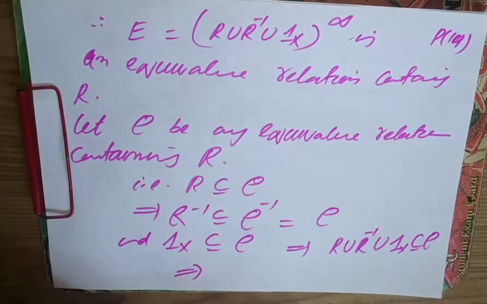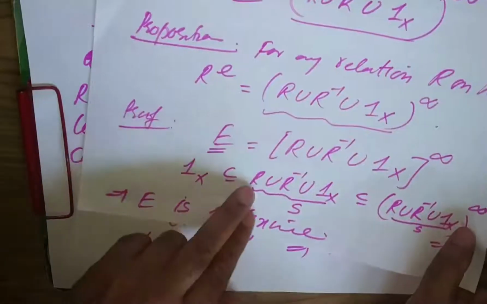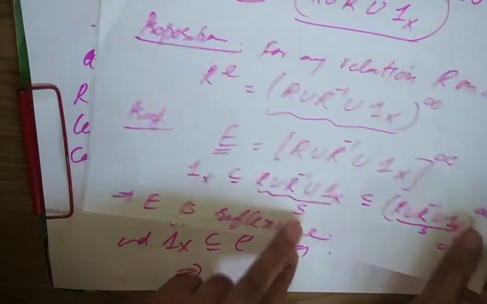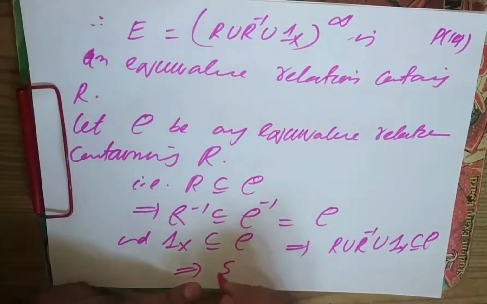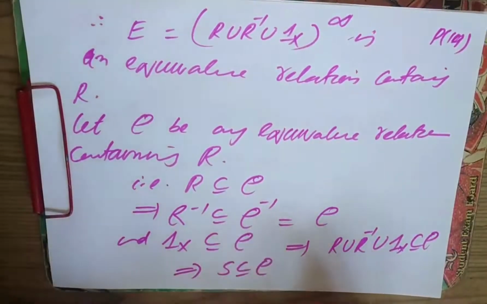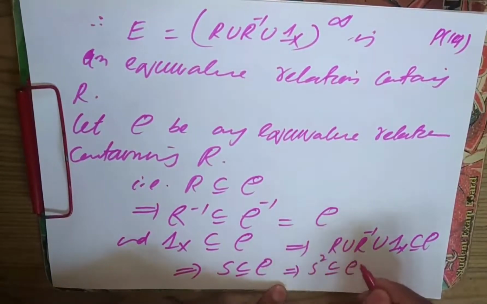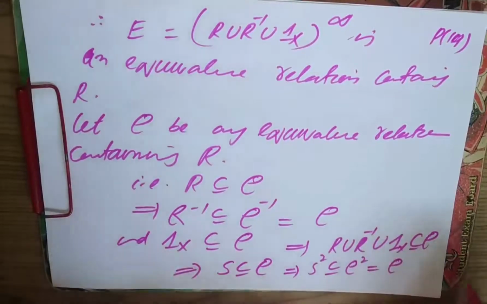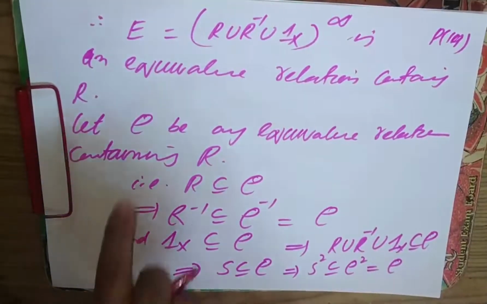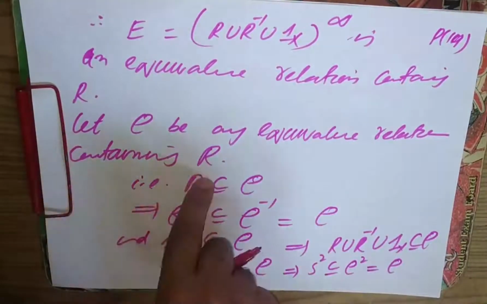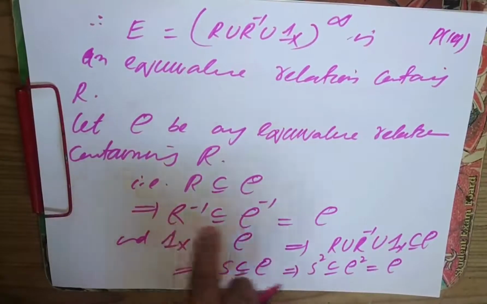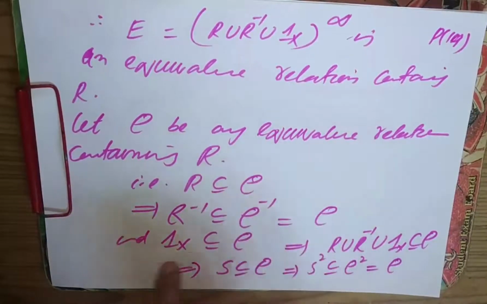That is our notation. What is S? S is R union R inverse union Ix. So that means S is a subset of rho, which implies S square is a subset of rho square. But rho square is the same as rho. So let rho be any equivalence relation containing R. Then R is a subset of rho, R inverse is a subset of rho inverse, which is equal to rho, and Ix is a subset of rho because rho is reflexive.